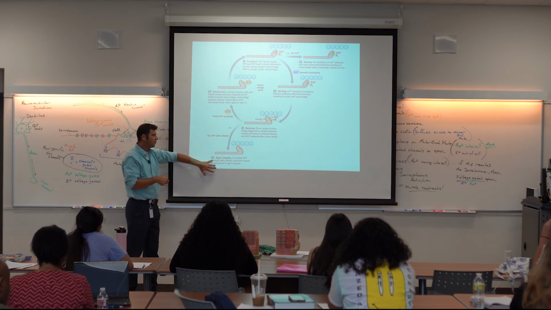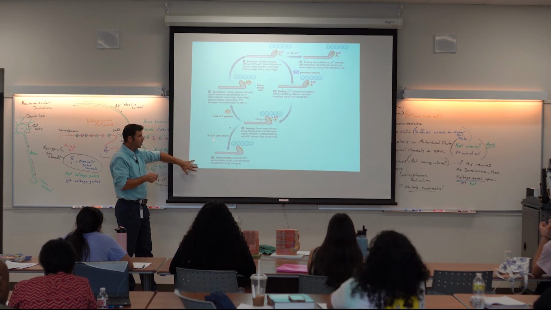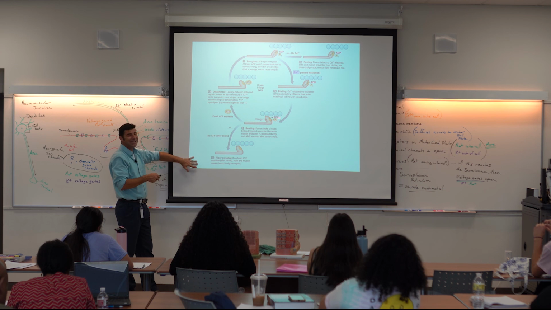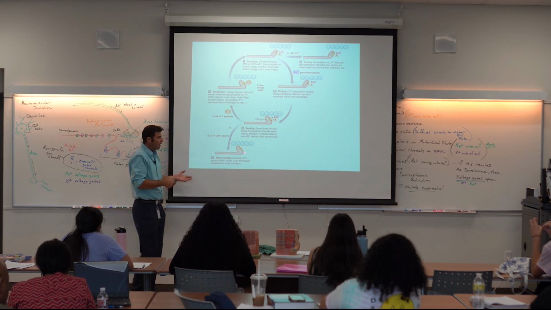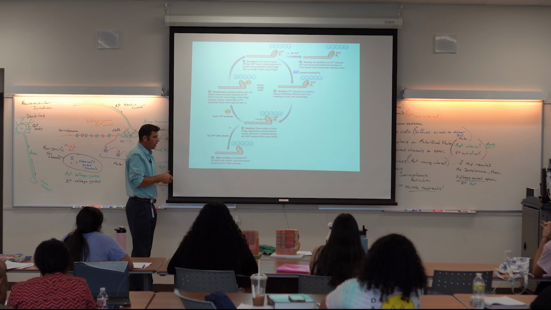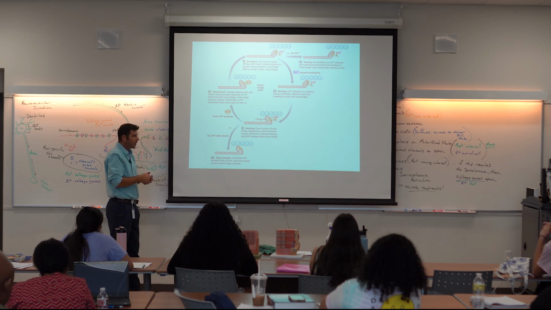Down here, this is showing that this is after death. Your body is no longer producing ATP. So if you're not producing ATP, there isn't any available ATP to break this cross bridge between actin and myosin. This is often the cause of rigor mortis in a dead body.